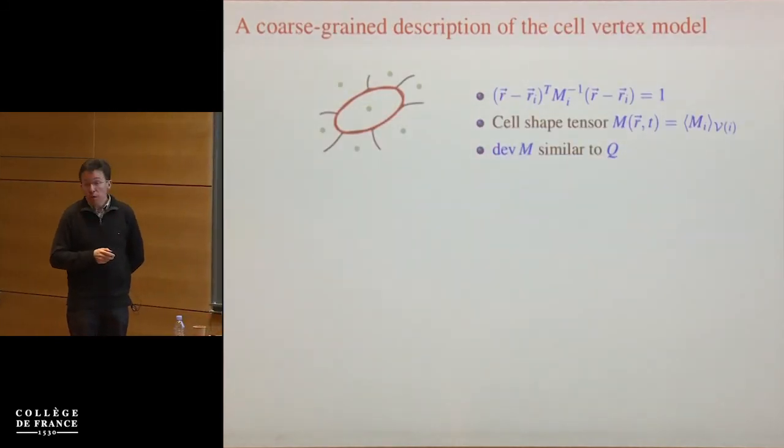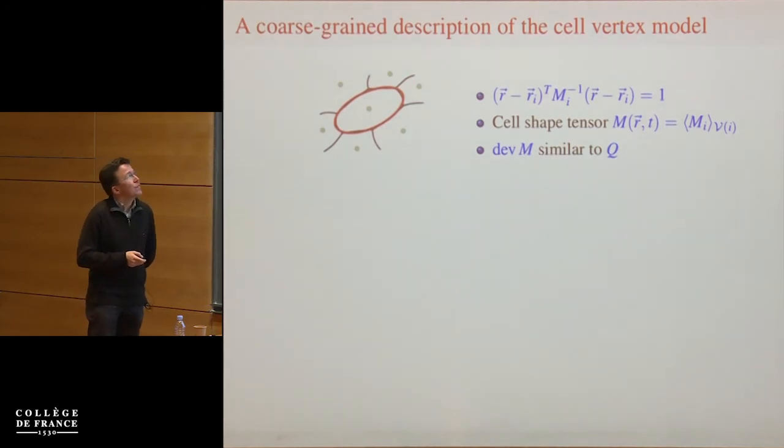In the last few slides, I would like to say a few things about modeling. And well, one reason is that Jean-François has spent a lot of time discussing the cell vertex model. While recently, in collaboration with Japanese colleagues, we have been putting forward a coarse-grained version of the cell vertex energy.